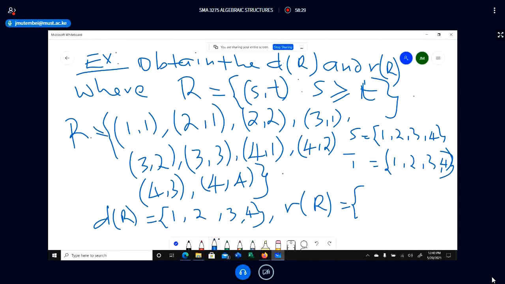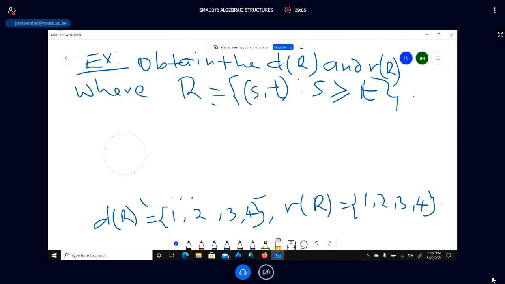So we have 1, 2, 3, 4. So again, 1, 2, 3, 4. So there we are. I want you to now obtain the domain and range where the equality here is not accepted. So that one I'll leave you to do on your own.